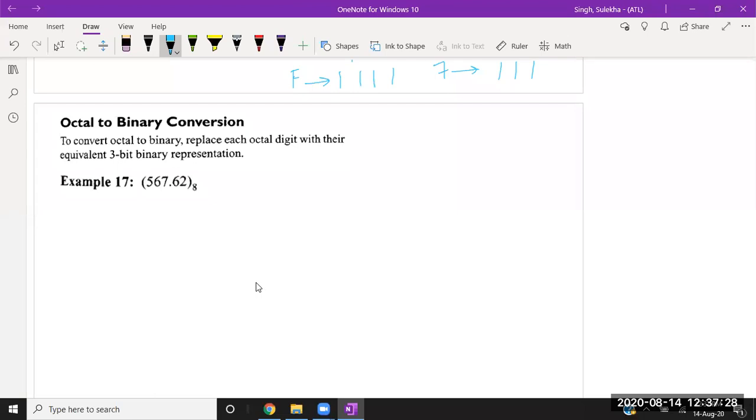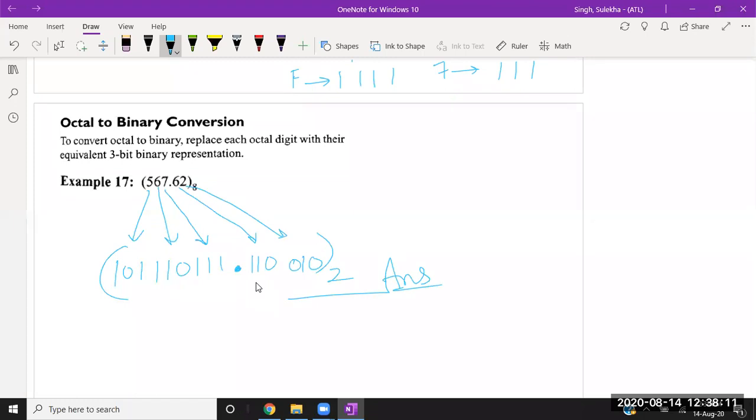Okay, so for this one also you need to follow the same thing. For 5 your number is 101, for 6 your number is 110, for 7 it's 111, for this 6 it's 110, for this 2 it's 010, and in the place of this decimal at the same location you need to substitute that decimal point, and in bracket with base 2, this is your answer.